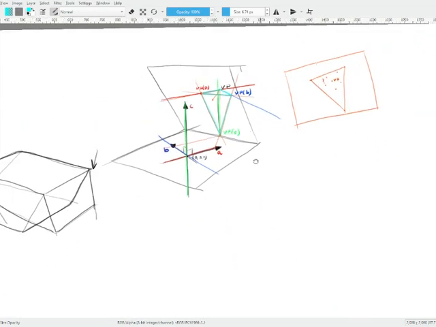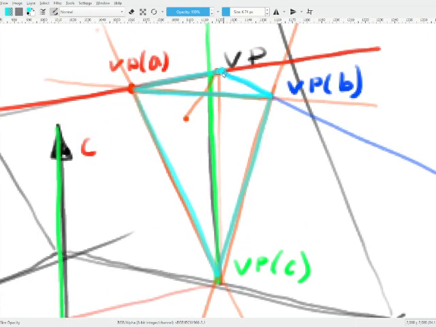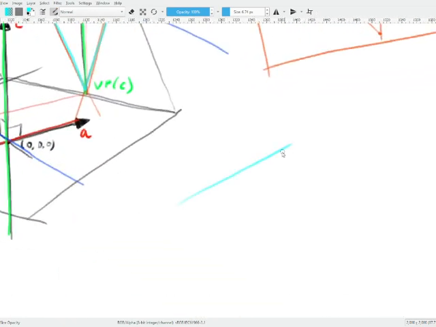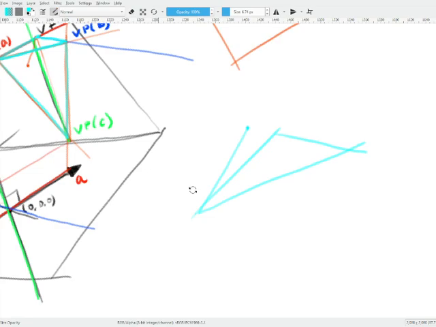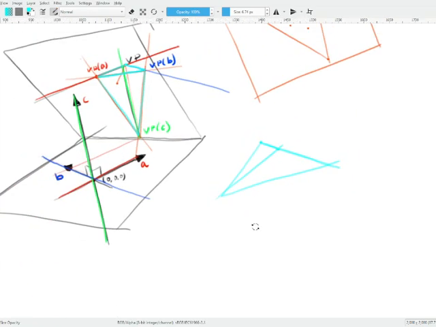So there is some corner. If we draw it like this, we have a foundation of our pyramid, and we have our viewing position. Let's place it there, and there.